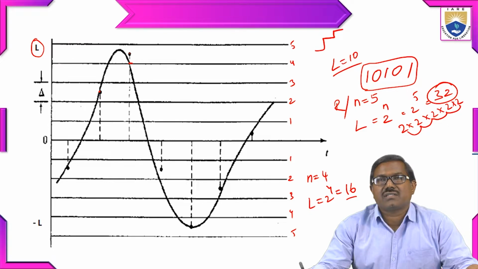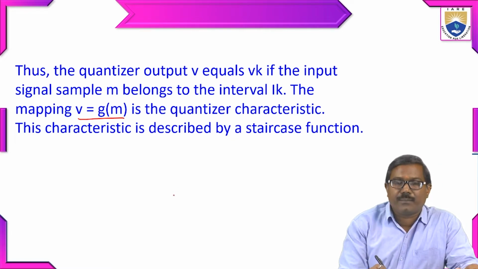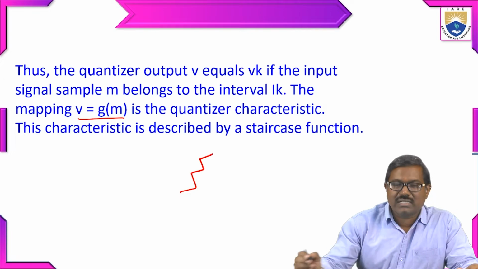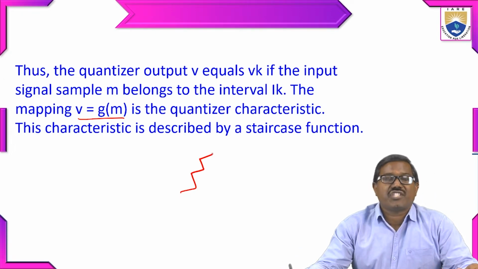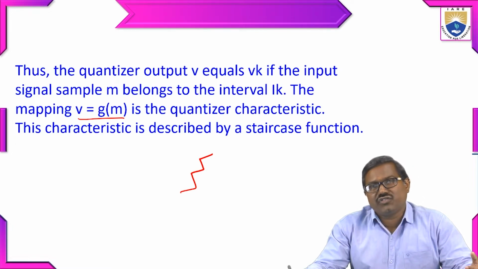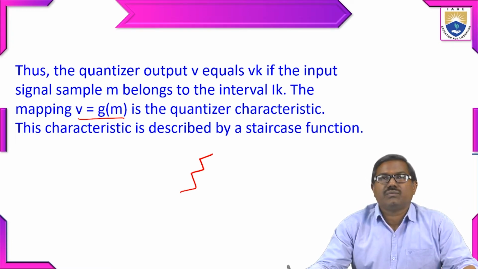So how do we get this? This is obtained by V equal to g(m). So the quantizer characteristic is nothing but a staircase function. This staircase function, when applied to the analog signal, rounds off to the nearest value, which is nothing but quantizing.